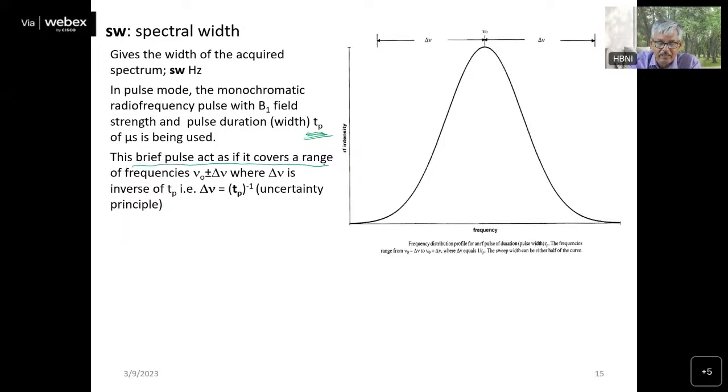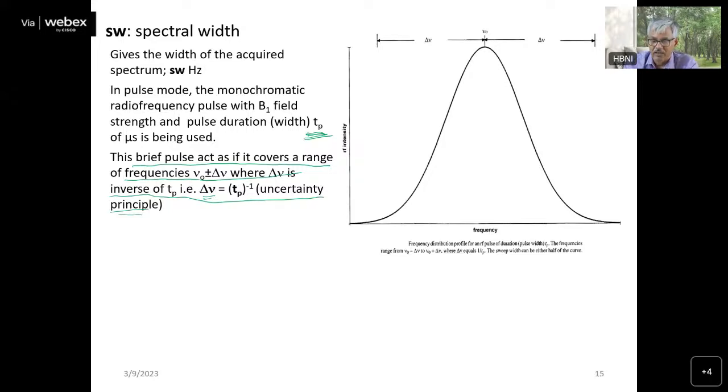As I told you in my earlier classes, this brief pulse covers a range of frequencies, nu zero plus minus delta nu. This is your nu zero and this is your plus minus delta nu, which is the inverse of tp, the pulse duration, and that comes from the uncertainty principle. Depending on your pulse duration, that delta nu is decided, and delta nu is related to your spectral width.